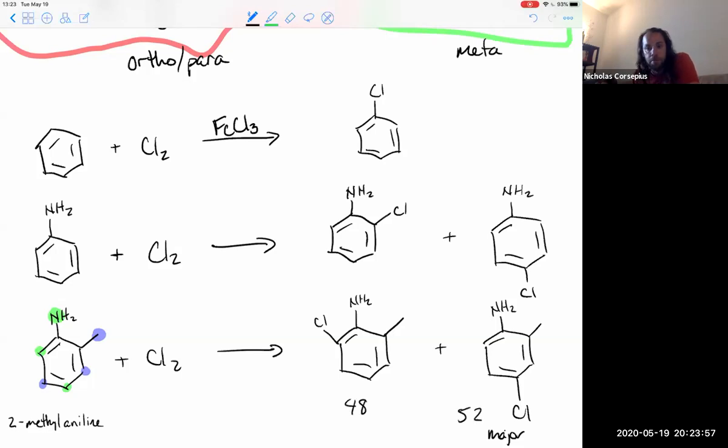I'm making up numbers, but the bottom line is it's still going to favor the less sterically hindered site. That's also the case because we only have one ortho site, since our other ortho site is occupied. The other consideration is that you usually have two ortho sites compared to one para site.